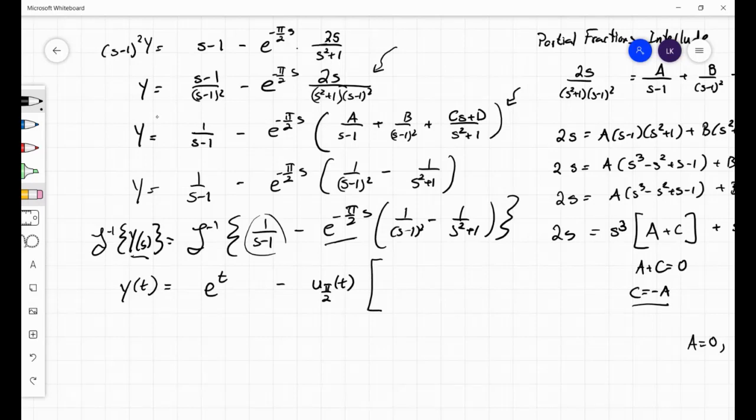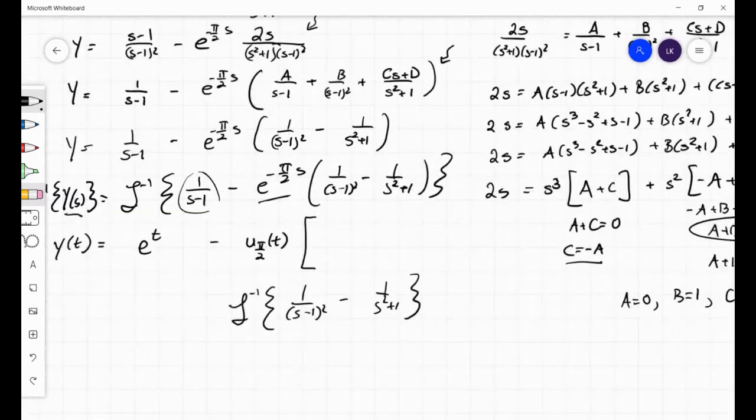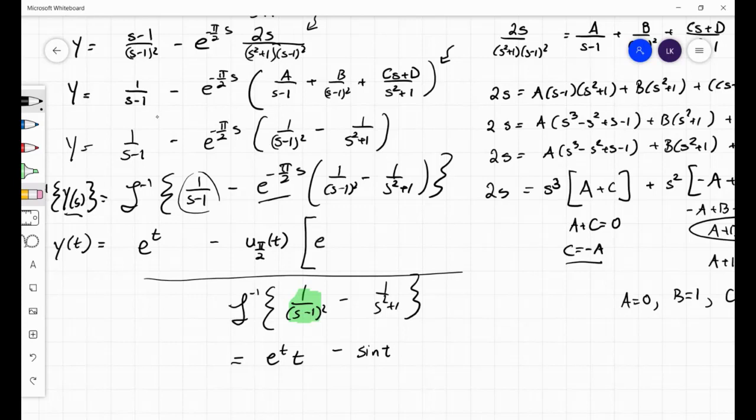And here, let's focus on the inverse Laplace of the first term, t, shifted over by 1, so we have e to the t times t. And then this looks like sine of t. But back to our original, because of this step function, we have to replace t over here with t minus pi over 2.